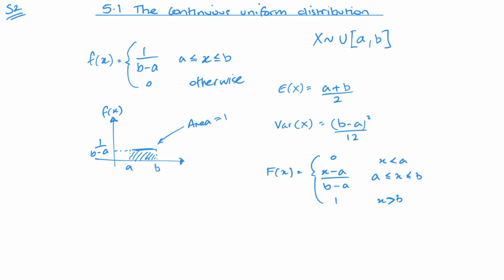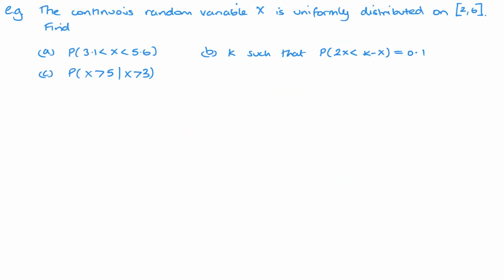Now let's have a little look at a couple of examples. So here we have the continuous random variable x, and it's uniformly distributed from 2 to 6, and we've got to find these. So the first thing I'm going to do is a very quick sketch just to make it a bit more visual.